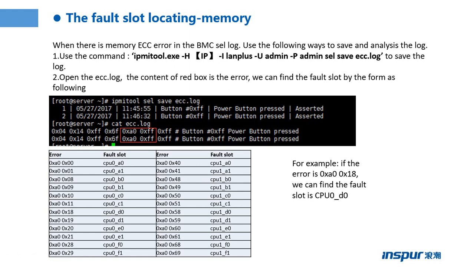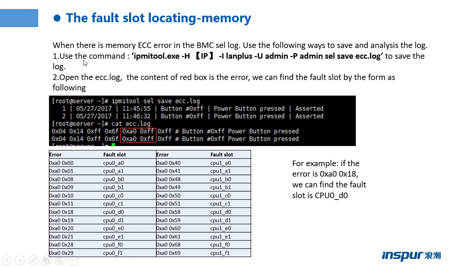It tells us how to locate the faulty slot of the memory. When there is a memory ECC error in the BMC SEL log, we can use the following ways to save and analyze this log.